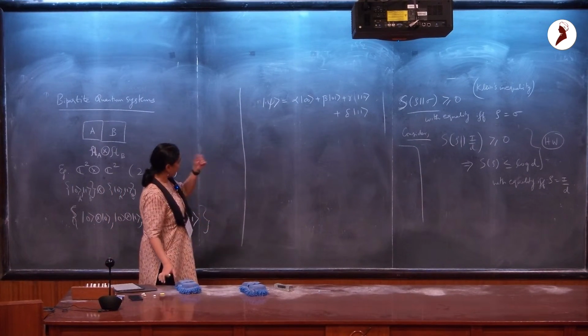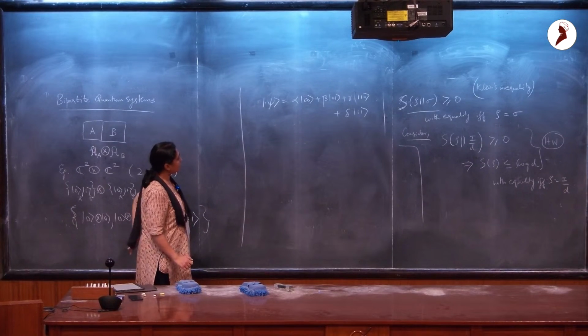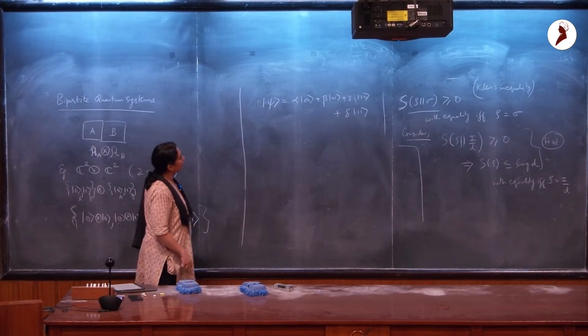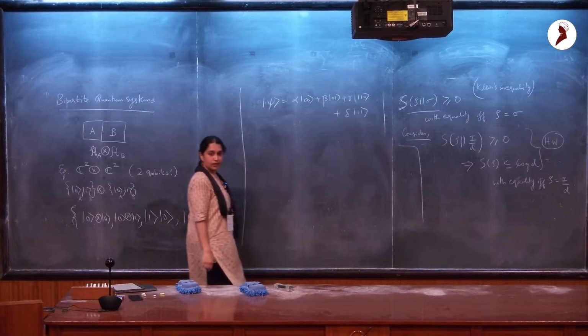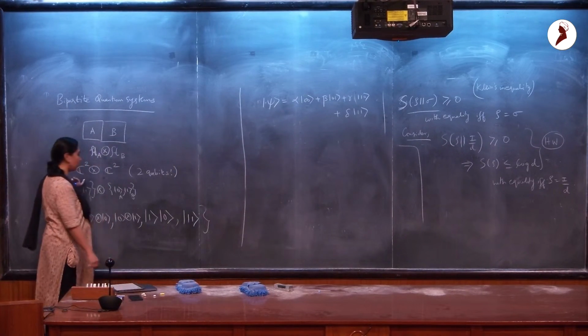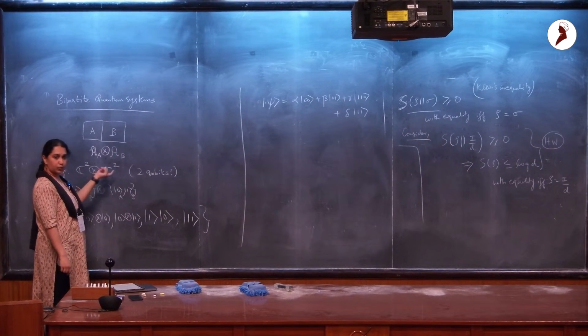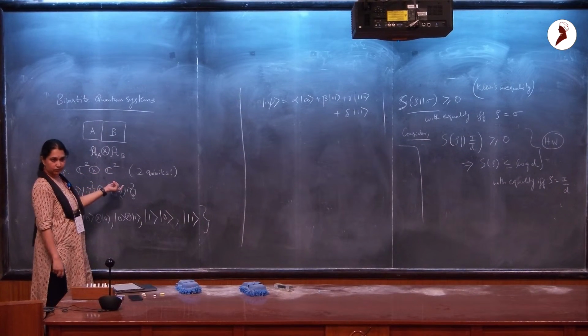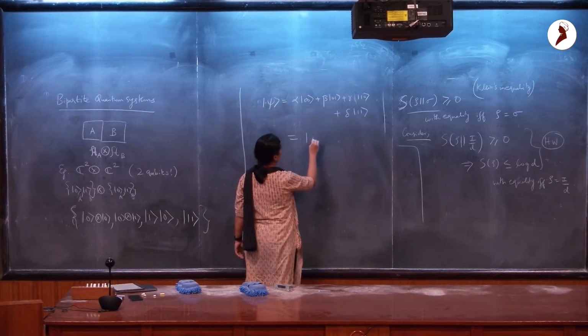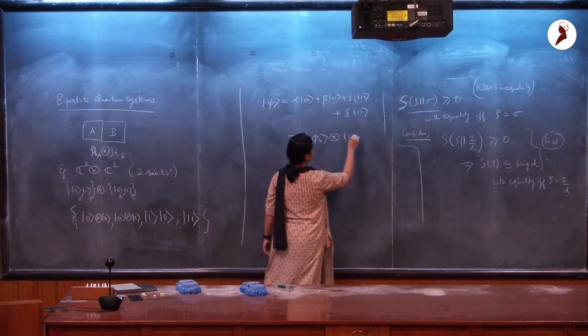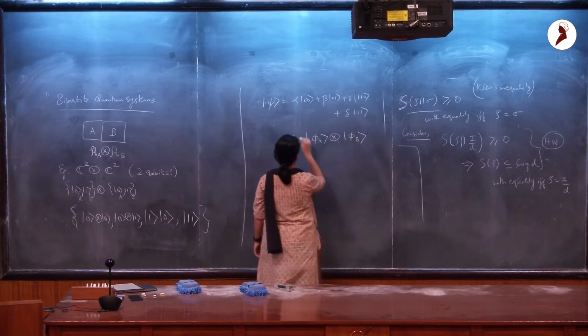Now, the question naturally arises as to whether I can view this joint state as a state of system A tensored with a state of system B. So, the question is, can I write this as some phi_A tensor phi_B?